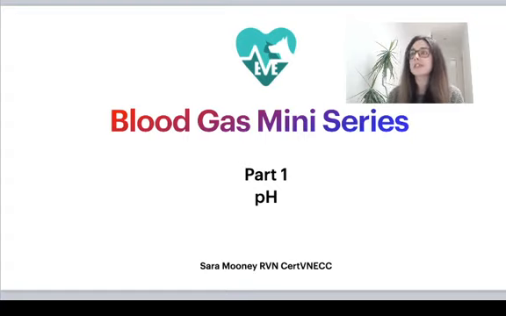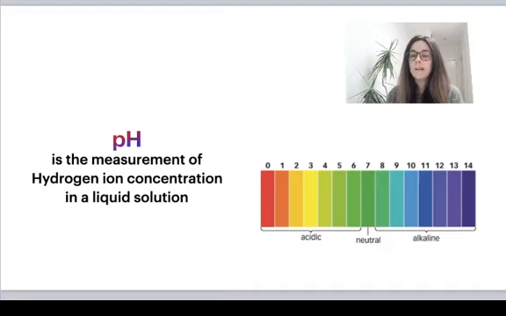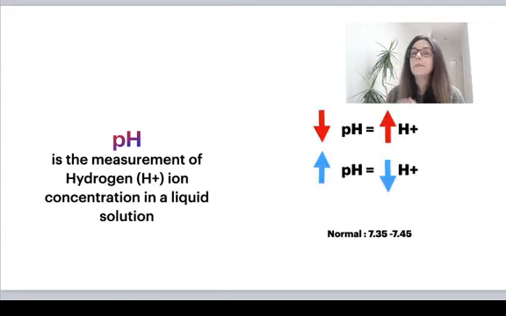We're going to dive straight in first of all. When we measure the pH of our sample, we're essentially measuring the amount of hydrogen ions within that sample. The more acidic our pH is, so the further down the scale it is, the more hydrogen ions we have.